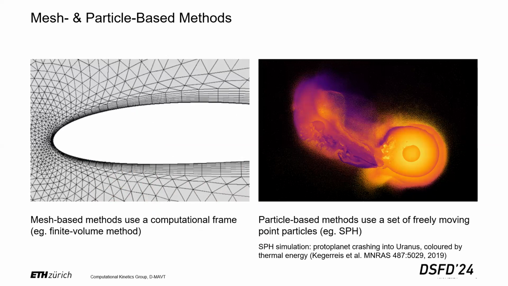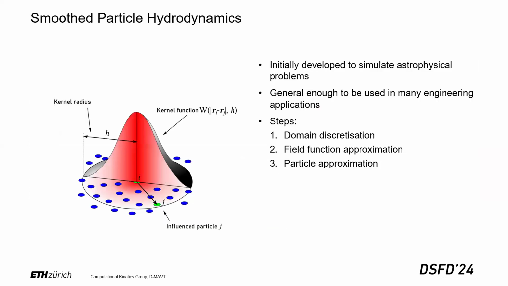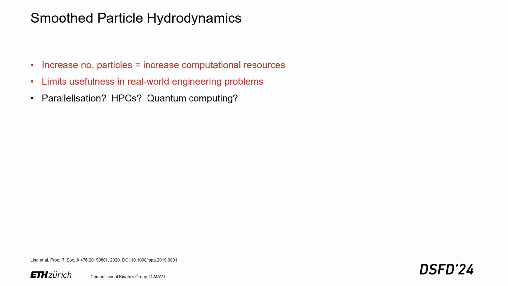So if you have that many particles, there are ways to deal with it. Like you can use parallelization strategies like GPU or HPC. But one other option, which isn't as explored as the other possibilities, is quantum computing. And this is the motivation behind our work.